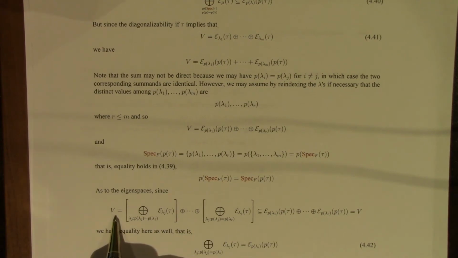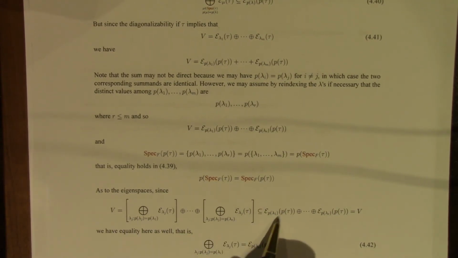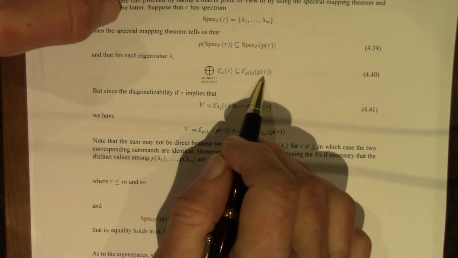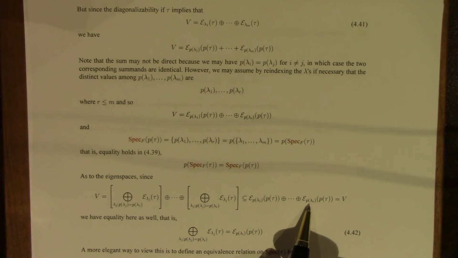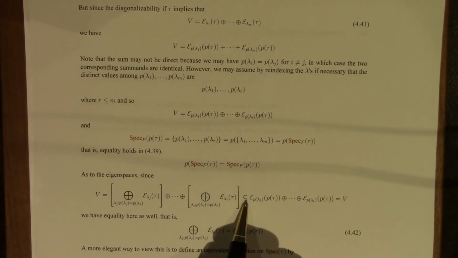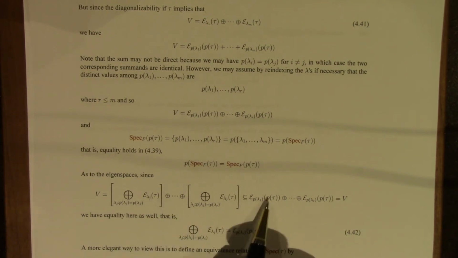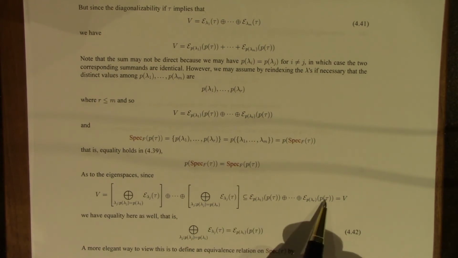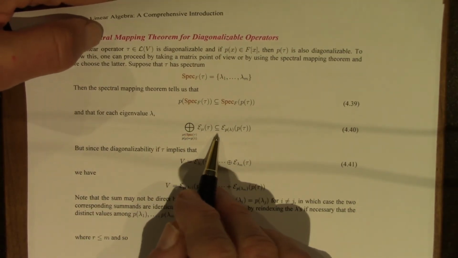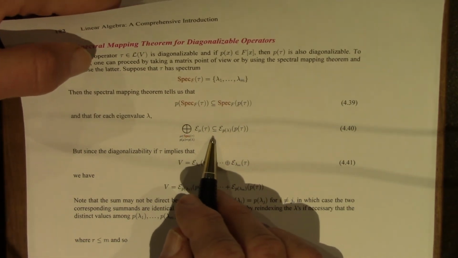So we get V, but each of these is contained in the corresponding eigenspace for p of tau, and this now adds up to V as well, so we have an equality here. And since this summand is contained in this summand and down the line, each of these must actually be equal. So we were able to improve this inclusion to an equality, which we could not do before.